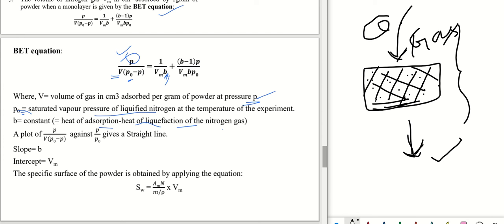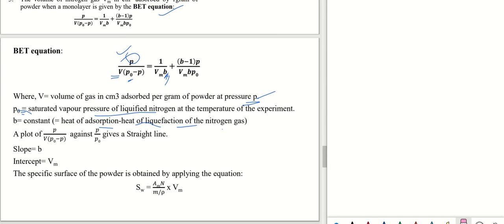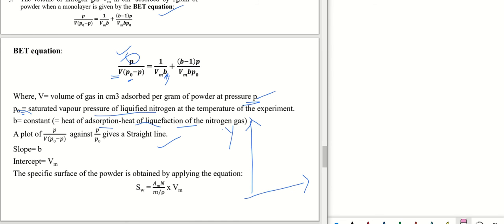Now, how can we interpret this data? By plotting a graph. So from this BET equation, B is constant, we'll not be considering this one.